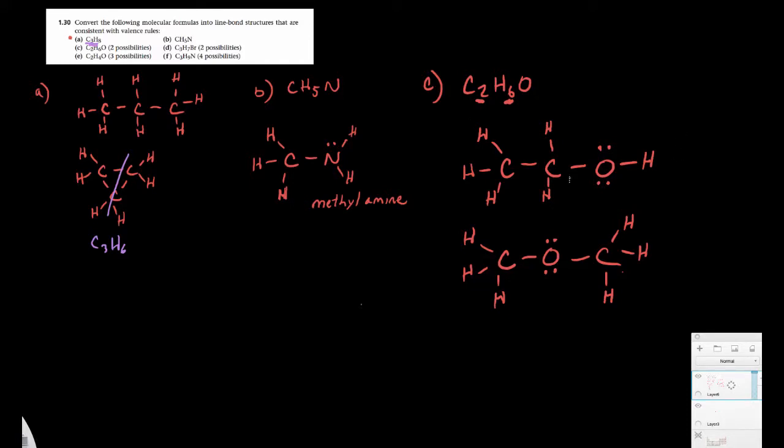This one you may know is called ethanol. And this one is called dimethyl ether. And these 2 molecules have the same molecular formula, but they have very different structures, very different properties. Ethanol, we all know some of the properties of ethanol. Dimethyl ether is an anesthetic.